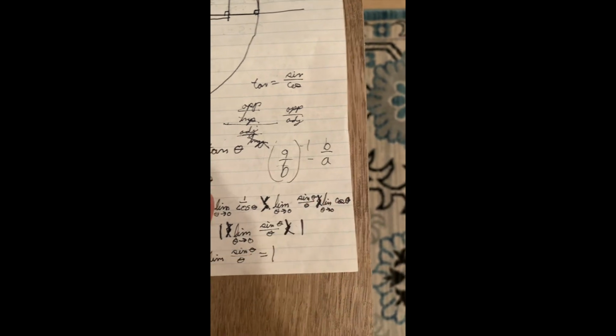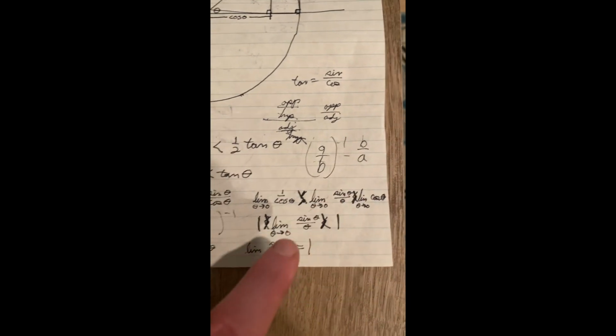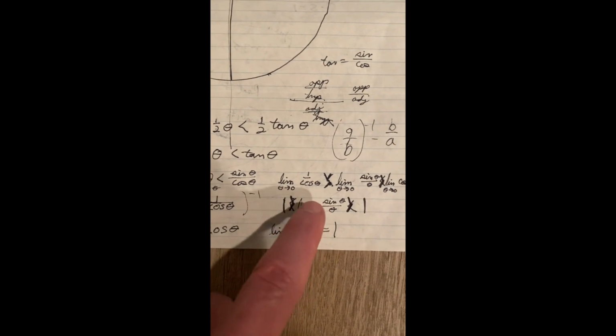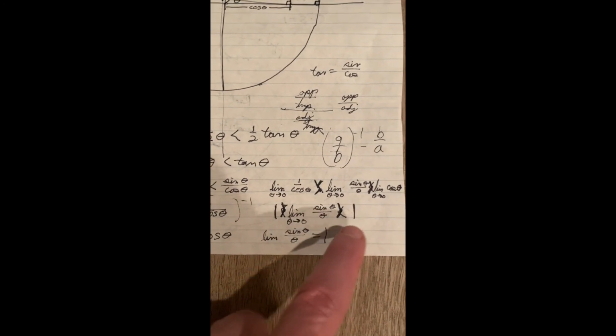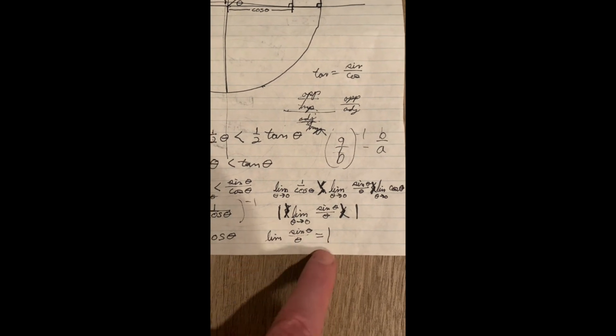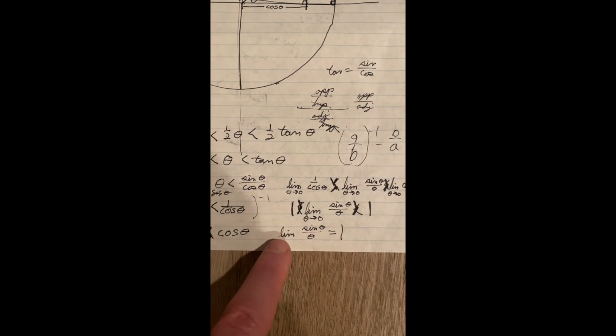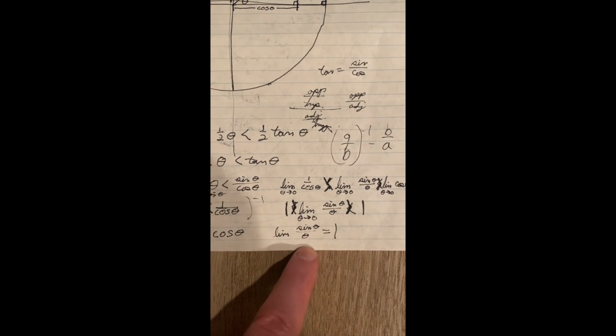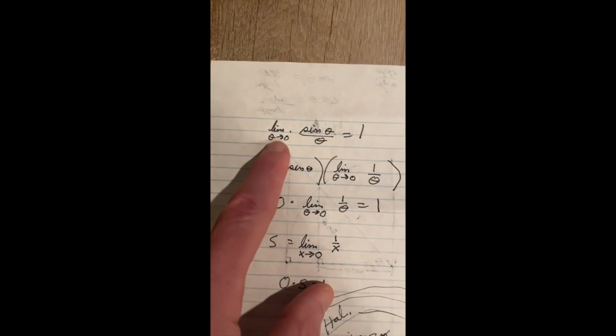So we have 1 is less than or equal to this middle thing, which is less than or equal to 1, which only means this thing can be equal to 1. This thing is the limit of sine theta over theta, which is what I have represented here.